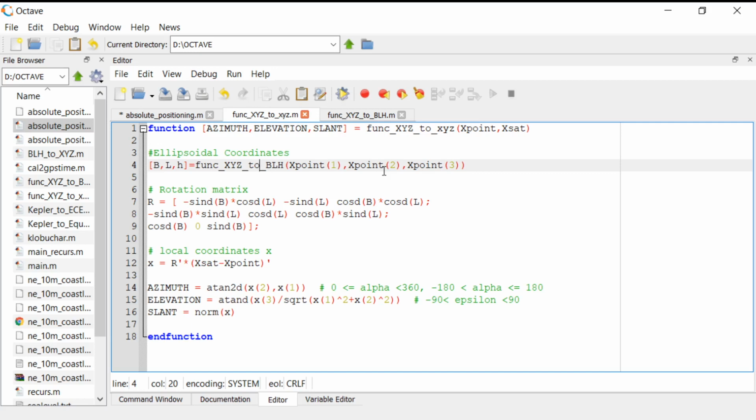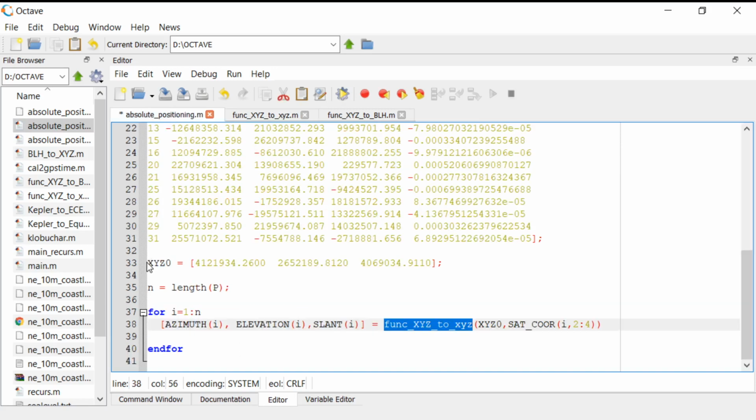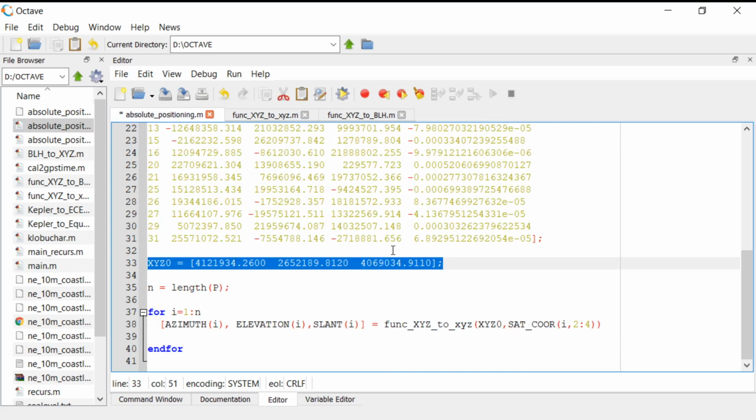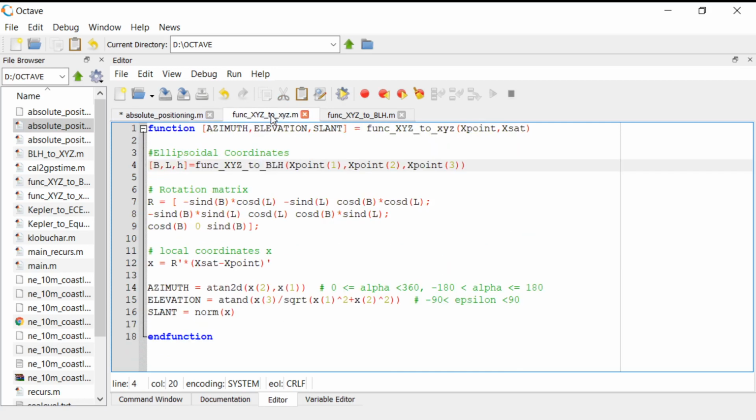So for that reason, I need to make a conversion from the Cartesian to the ellipsoidal surface coordinates. The ellipsoidal coordinates will be obtained by changing my approximate coordinates to the ellipsoidal surface coordinates. This is realized again by using a function, which is already available.